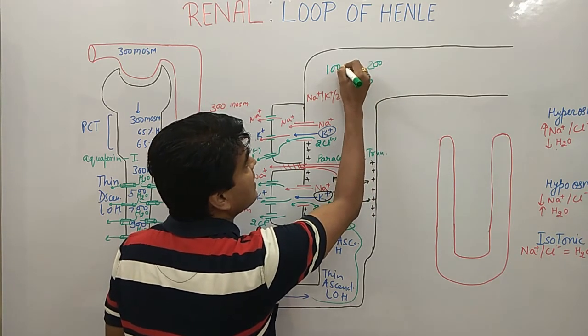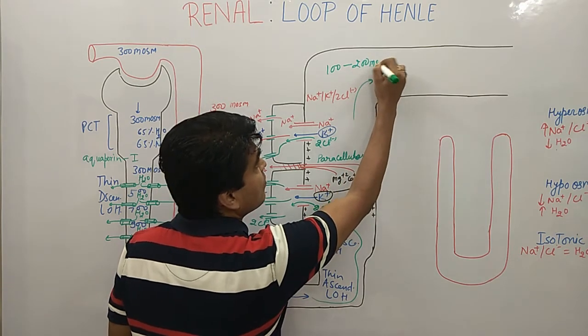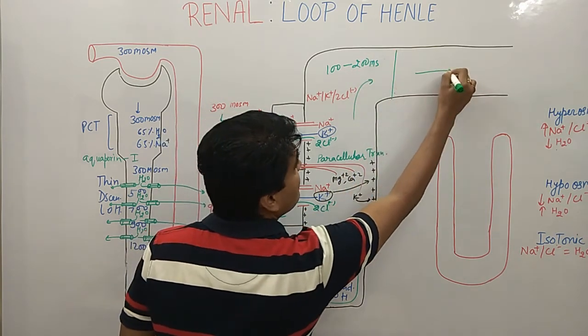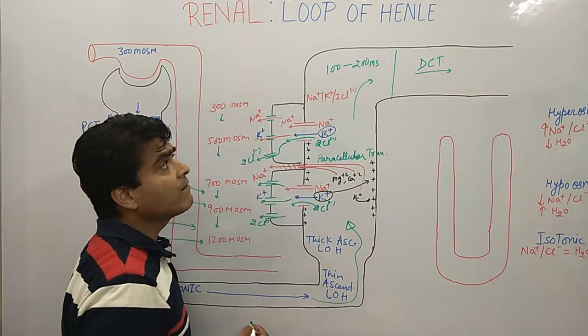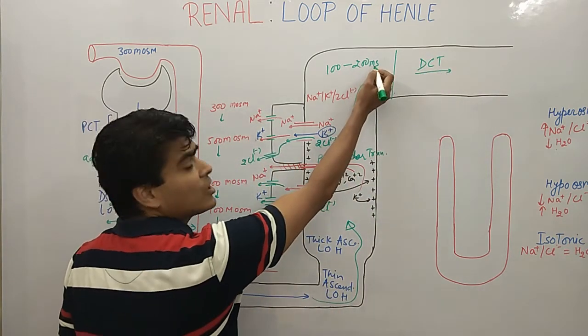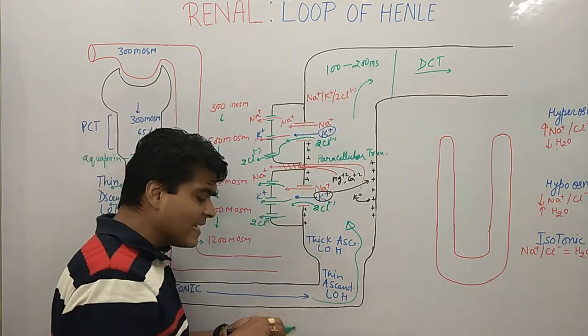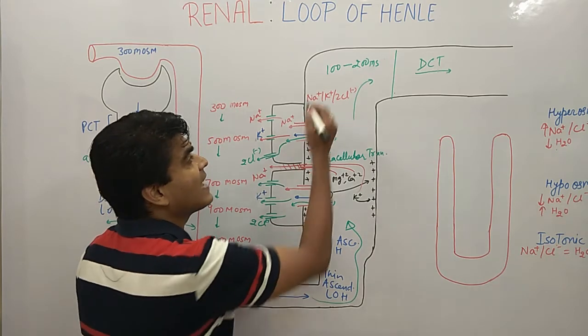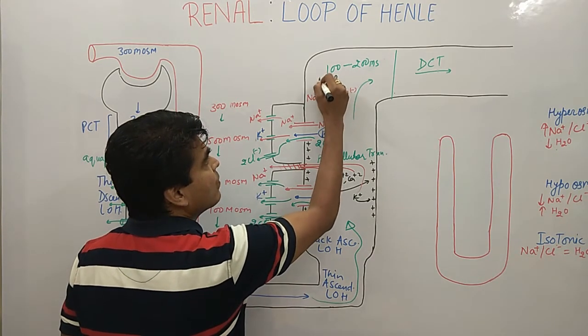The range is 100 to 200 milliosmolar. In this area we have the DCT, distal convoluted tubule. Clear, everyone? So here the osmolarity is decreasing. This area is known as hypotonic.